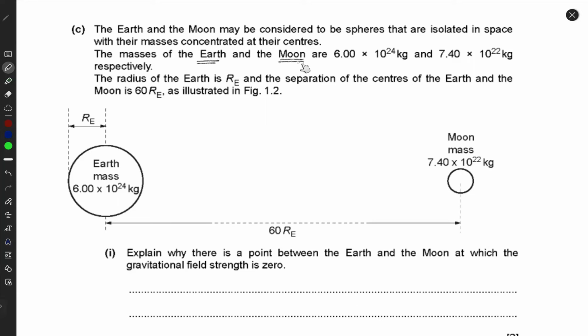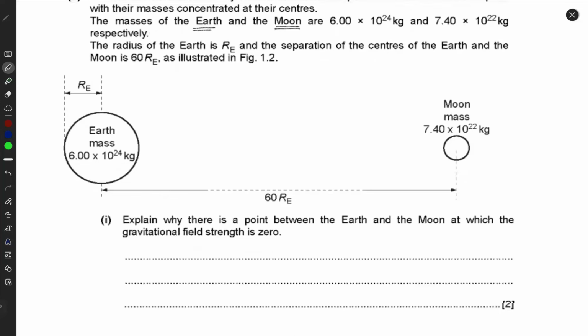The radius of the Earth is this, and the separation of the centers of the Earth and the Moon is 60 times this. They have given the separation in terms of the radius of the Earth, and they have given you a figure, so you can have a look at it.